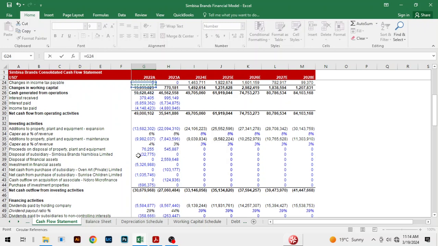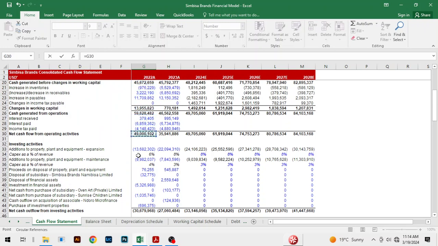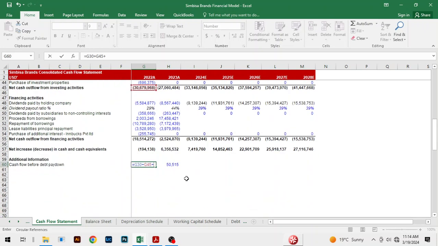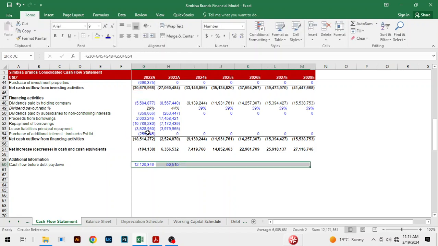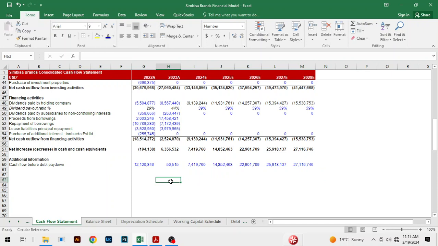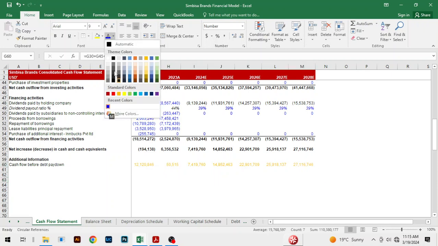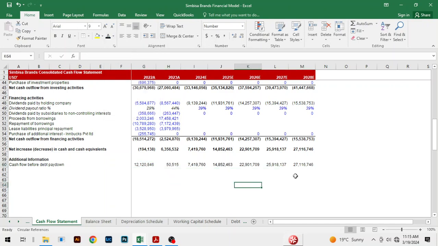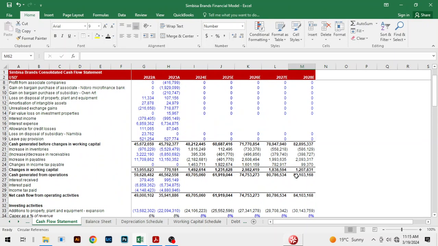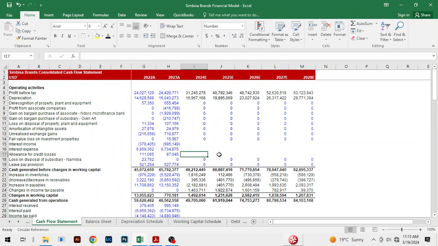So what this essentially means is that we take this plus this plus, so we don't add all line items in the financing activities section that is to do with debt, so we leave them out, okay, just like that. So here, since this is a formula, it has to be in black. Perfect. So now we are done with our cash flow statement.